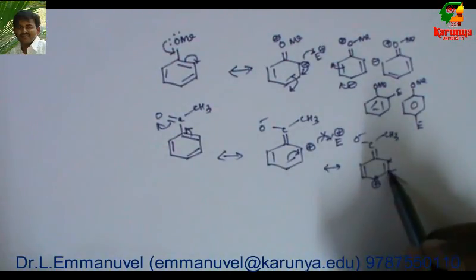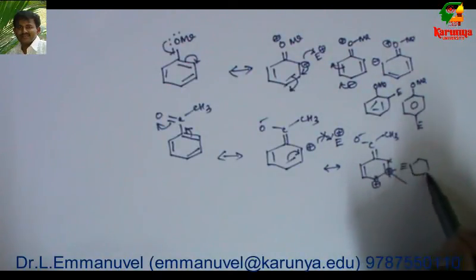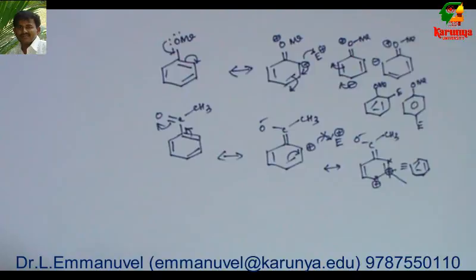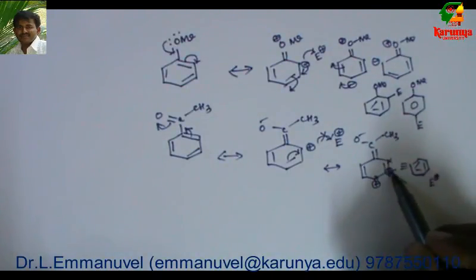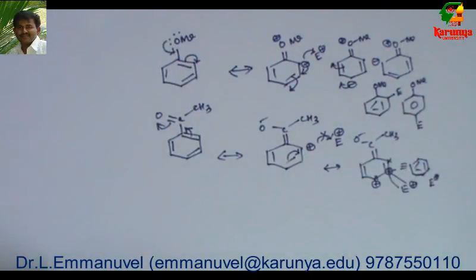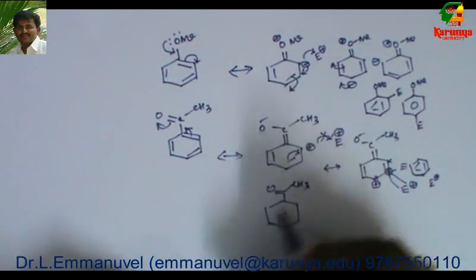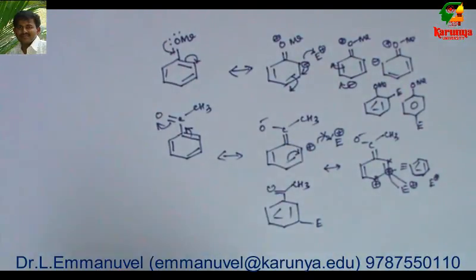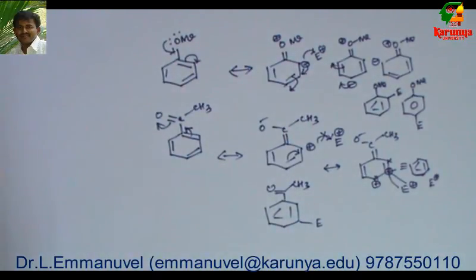So the electron density on this carbon is equal to that of benzene, because it has not been touched by the electron withdrawing group. So now this carbon can attack the electrophile to give the product. So what we get is a product like this. Since it is in the meta position, we call this carbonyl group meta directing.